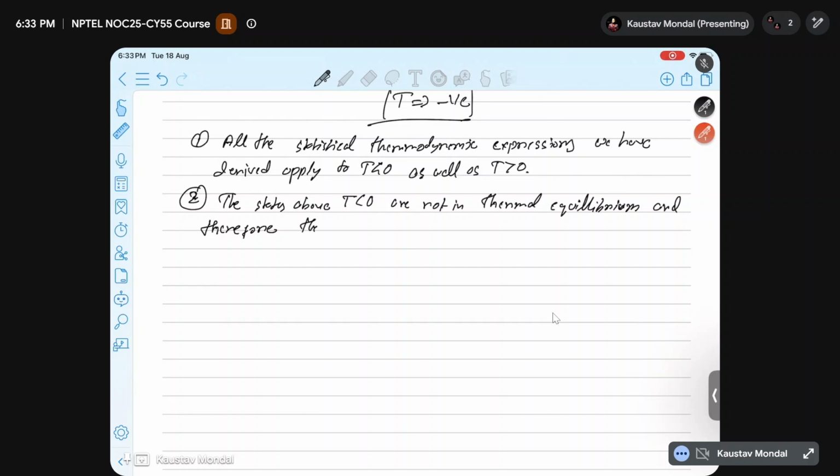Therefore they do not rely on the equilibration of temperature with the surroundings.